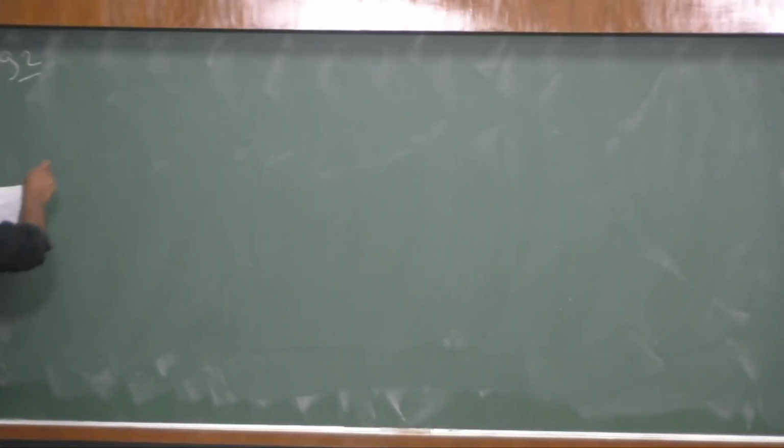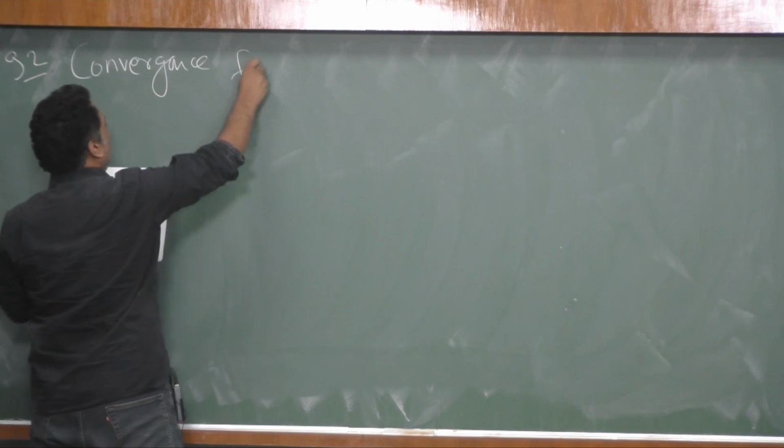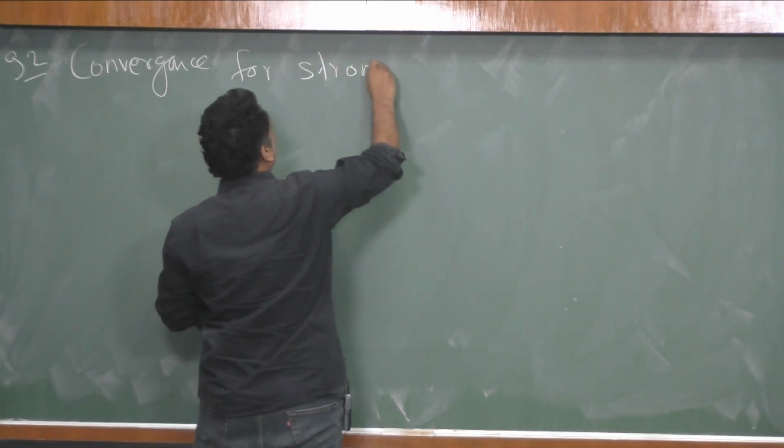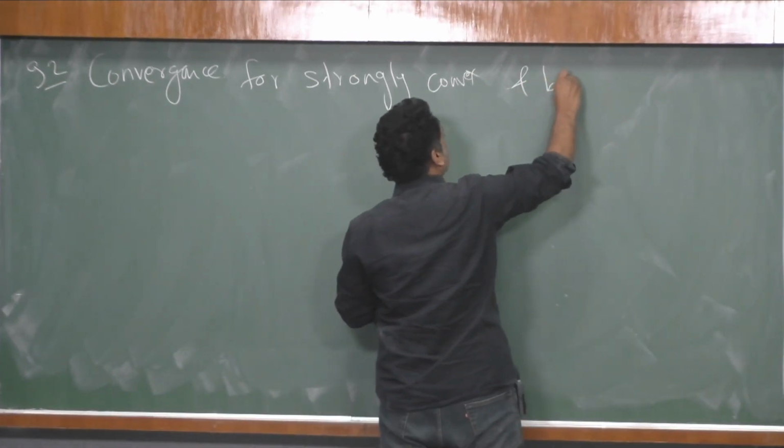So we will do section 9.2, which is convergence for strongly convex and bounded gradients.